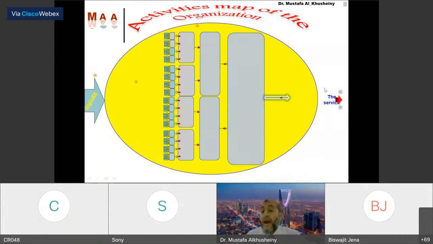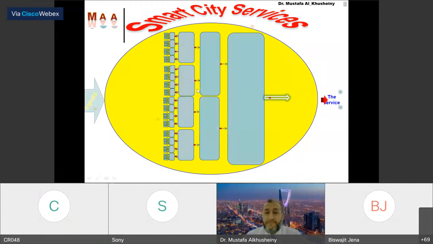Now any defects in the output, in the main service, in the main products, at any time will be visible to the manager, the owner of the activity, and any defect will be traced to the activity where it occurred, in order to catch, control and develop it in the shortest time.